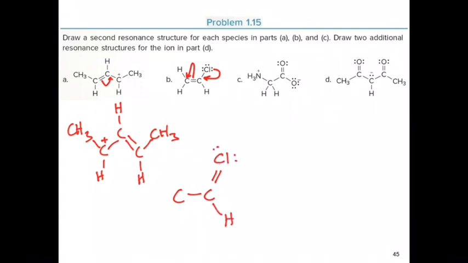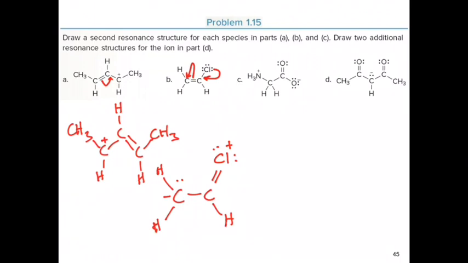And then hydrogen is still here, hydrogen here, and the only difference is 2 electrons here, a lone pair. And so what that means is this chlorine would now have a positive charge using the formal charge concept, and then this carbon will gain a negative charge.